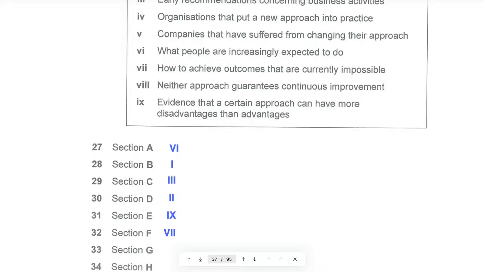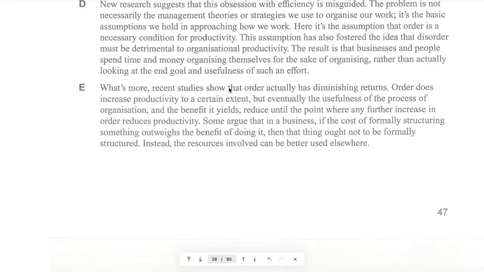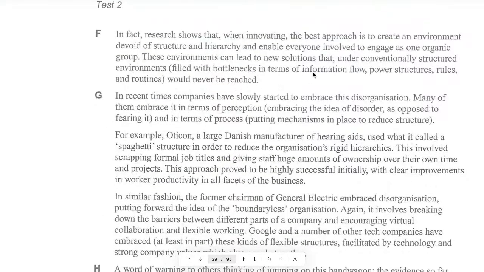Now where is that? In line number 1. Okay. In fact, research show that when innovating, the best approach is to create an environment devoid of structure and hierarchies and enable everyone involved to engage as one organic group.